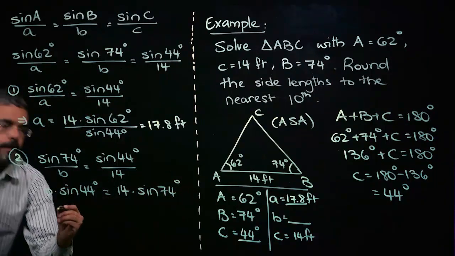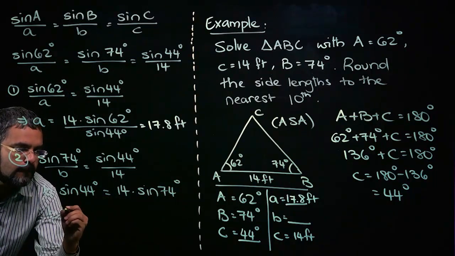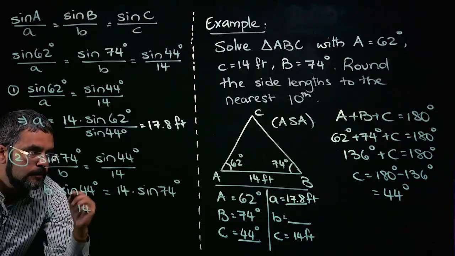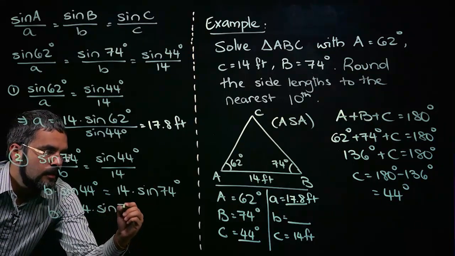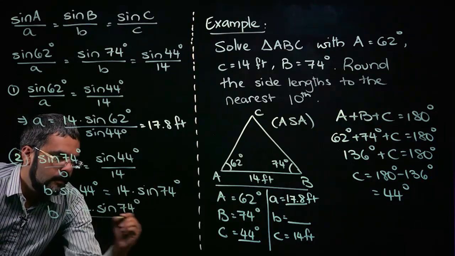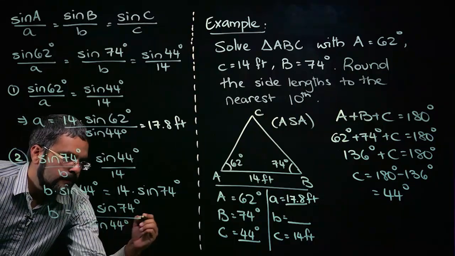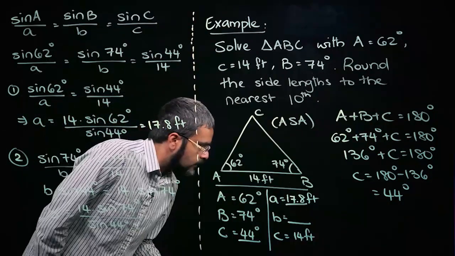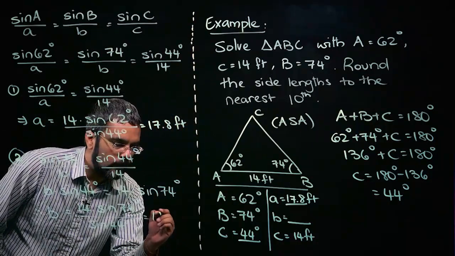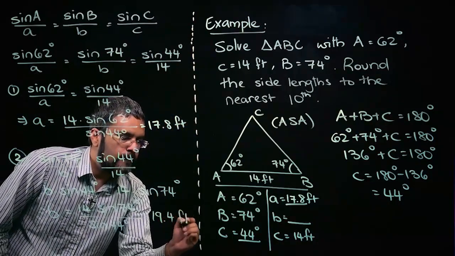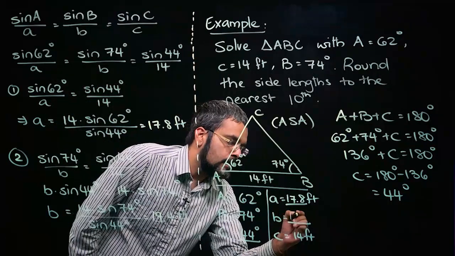Okay, and so obviously for B, I'm going to go ahead and divide by sine 44, and that gives me 14 times sine 74 degrees divided by sine of 44 degrees, and that gives me about 19.4 feet. Okay, so this comes out to about 19.4 feet.